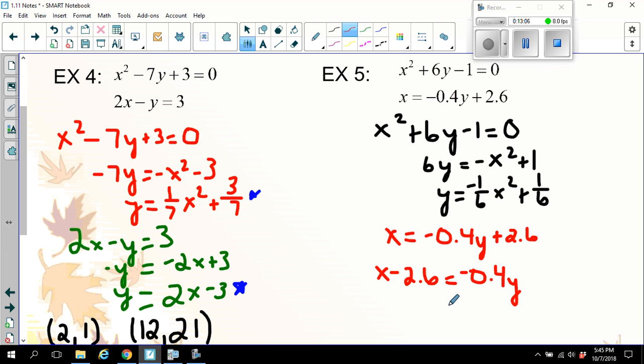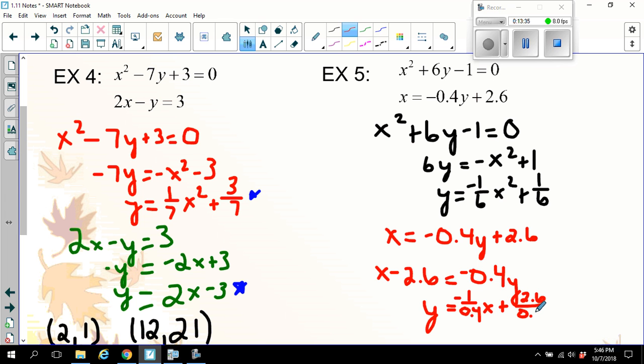So now I'm going to rewrite this, so we have y on the left-hand side. So now what we have is y equals negative 1 over 0.4 x, and then plus 2.6 over 0.4.